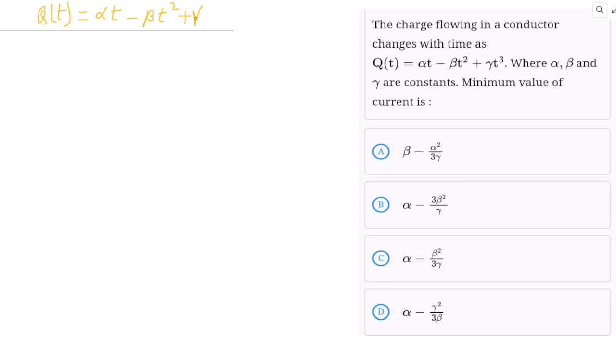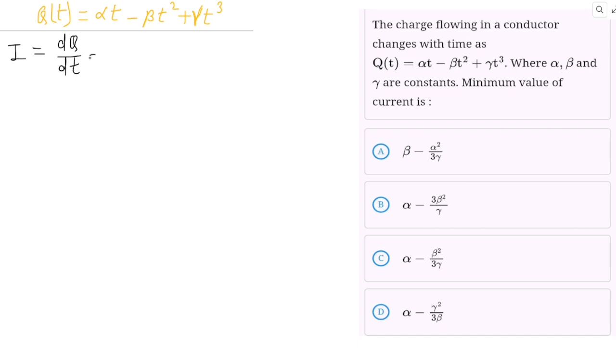And we know alpha, beta and gamma are constants, and we need the minimum value of current. So first of all, we have to calculate the current, and current is what? I is equal to dq by dt.